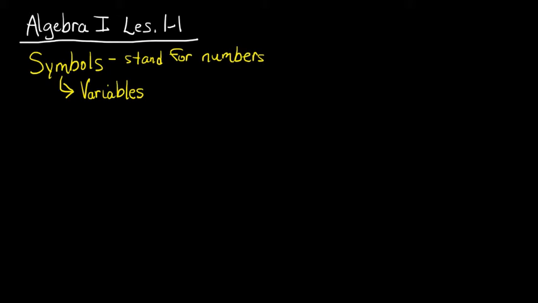Okay, so a variable might look like V, might look like X or M. Variables are simply letters. So in algebra you will see lots of letters and they vary, and these letters stand for different numbers.